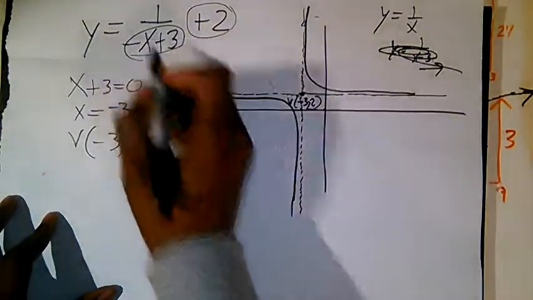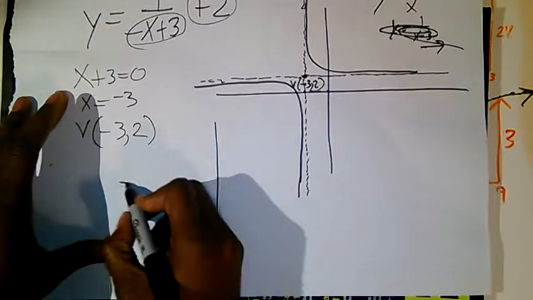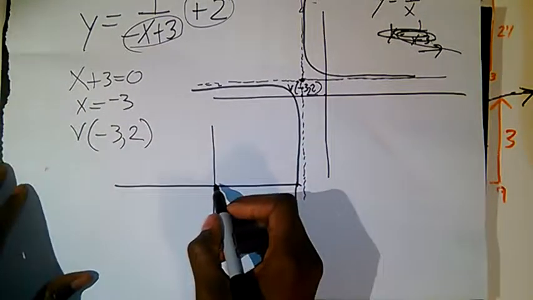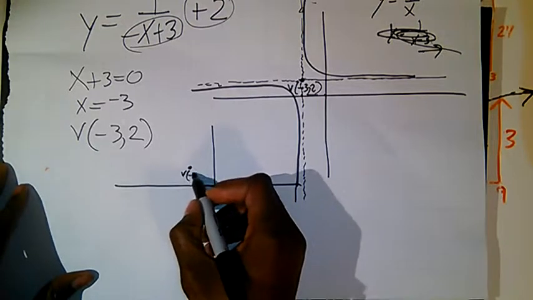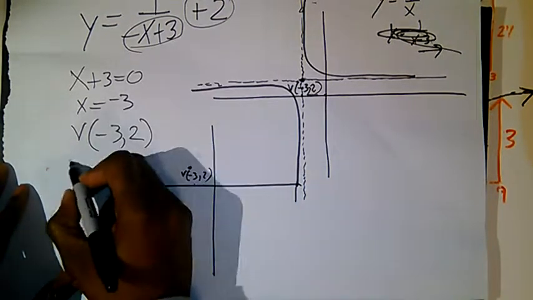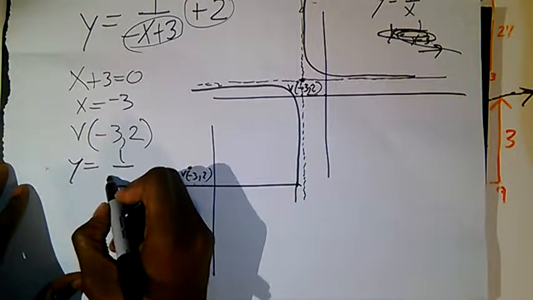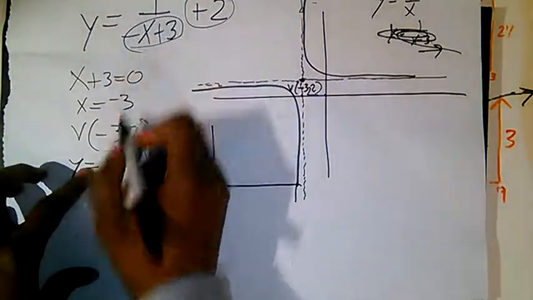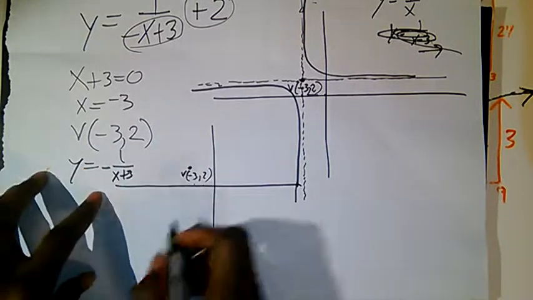And if there was a negative in front of it, it will look like this. Find the vertex. The vertex is 1, 2, 3, 1, 2. And we want to graph y equals 1 over negative x plus 3.